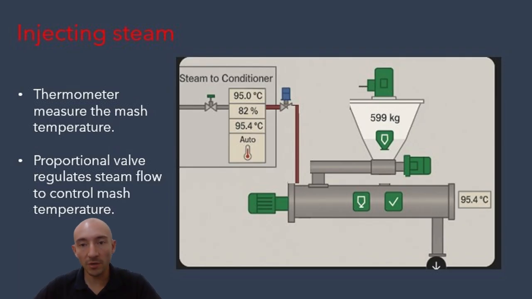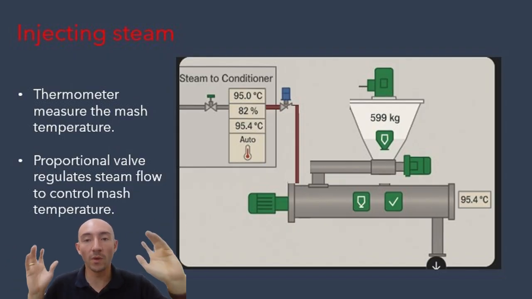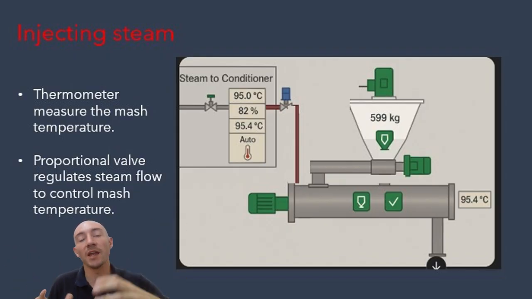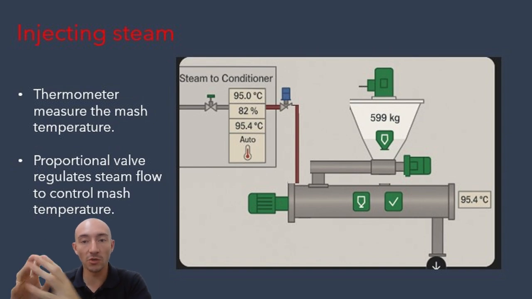You have more material coming in with the same amount of steam, temperature will fall, but he doesn't need to touch any steam valve, because the automation system will understand that he needs more steam to keep the temperature inside the conditioner at the temperature target. It will naturally open and adjust the amount of steam. So you see, everything is automated.